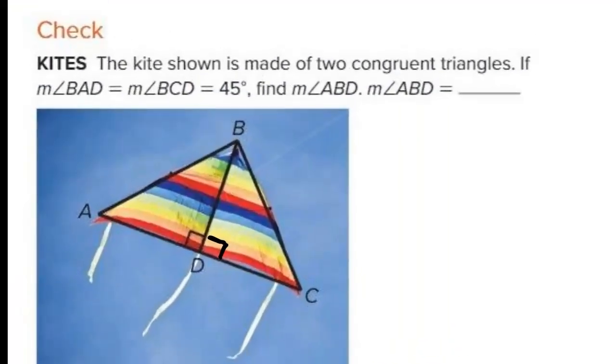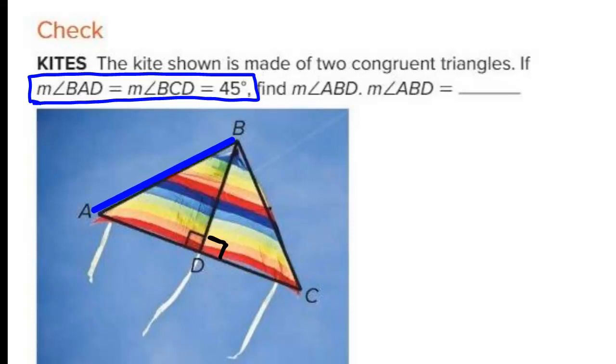What other information does it give me about congruence? What other information did they give me in the problem? BCD, which is the same as BAD. So angle BAD would be this one right out here. This angle is 45 degrees.